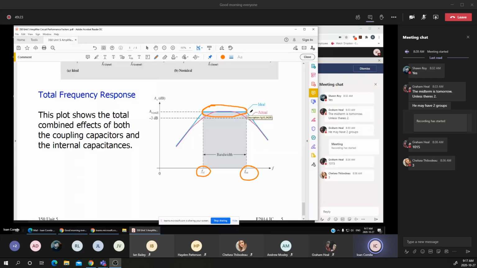This means the same input signal is amplified without altering the shape or the waveform of the input voltage.